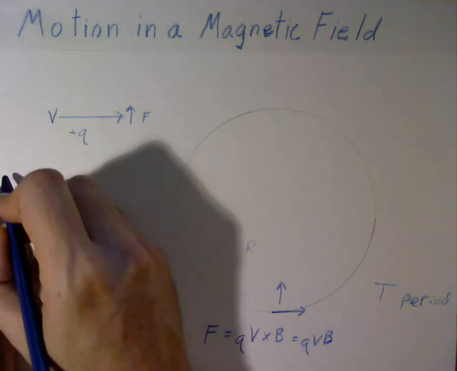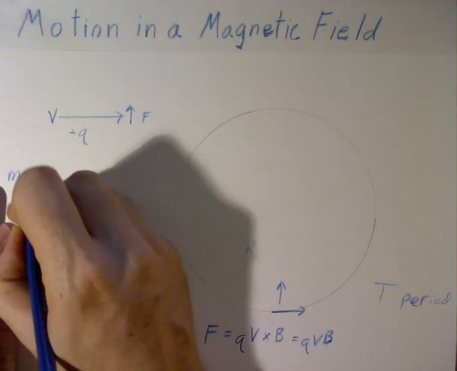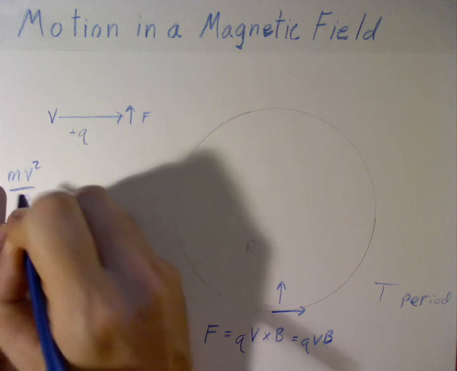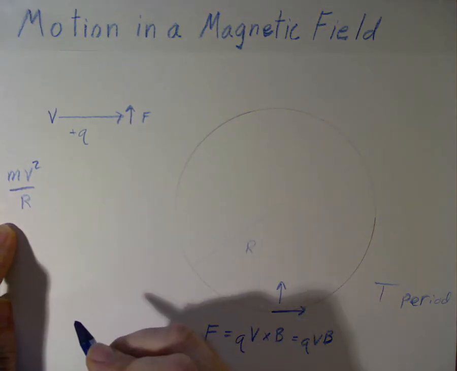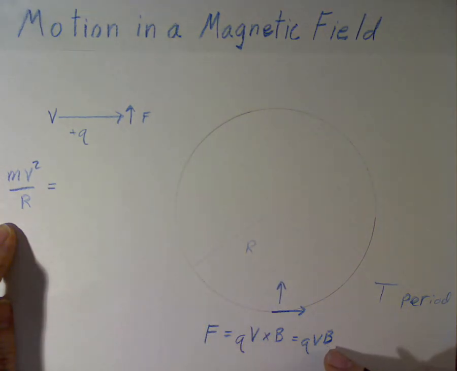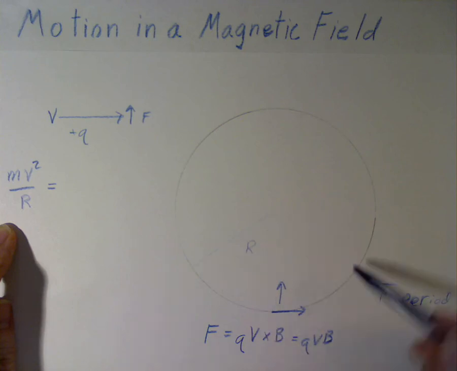We start with the centripetal force, which we can write as m v squared over r. We set this equal to the Lorentz force equation, because this is the force that is actually supplying the centripetal force. The force is actually pulling it into a circle.